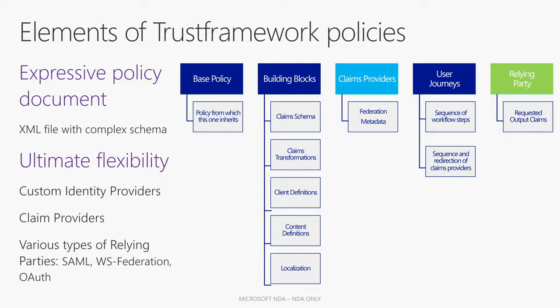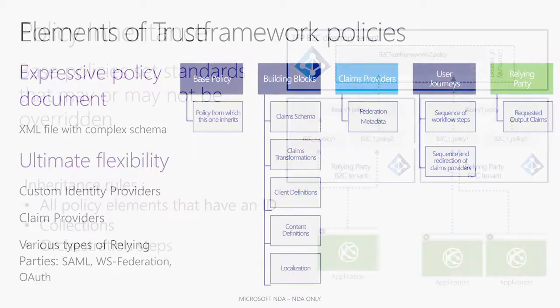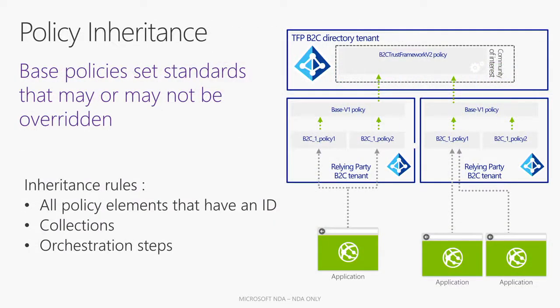Let me go the other way around. Okay. This is the previous slide, right? Yeah. Okay. So policy inheritance is a core concept of the identity experience framework. Usually, nobody has one policy that is standalone. Typically, that's not the case.